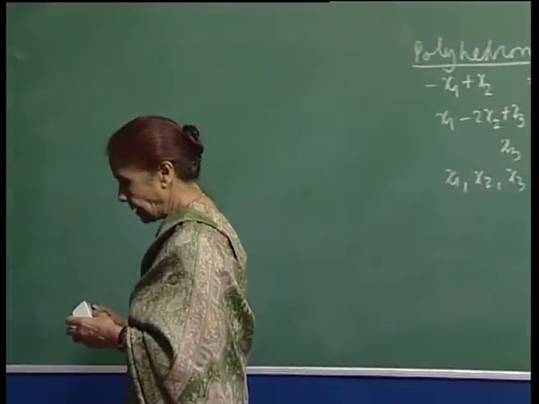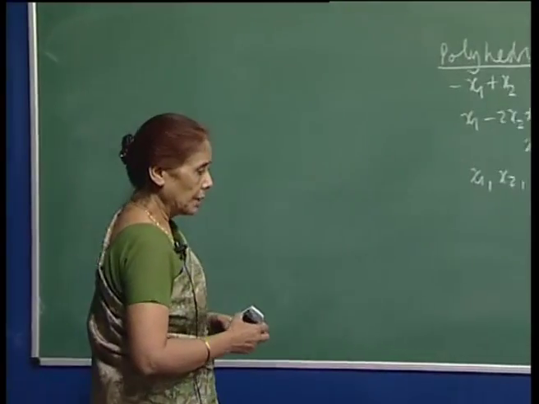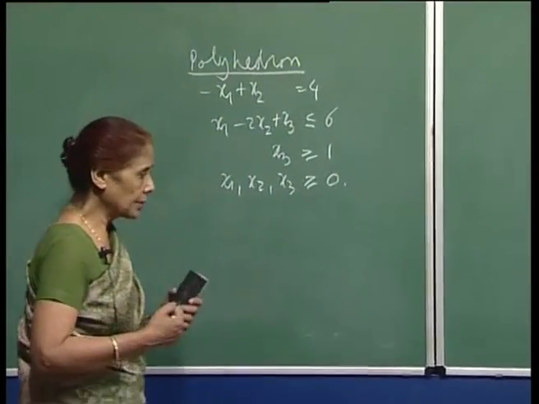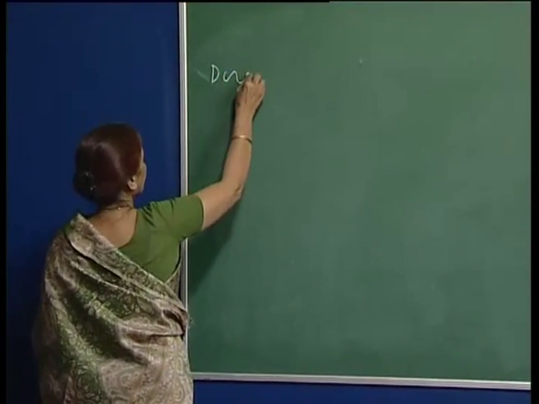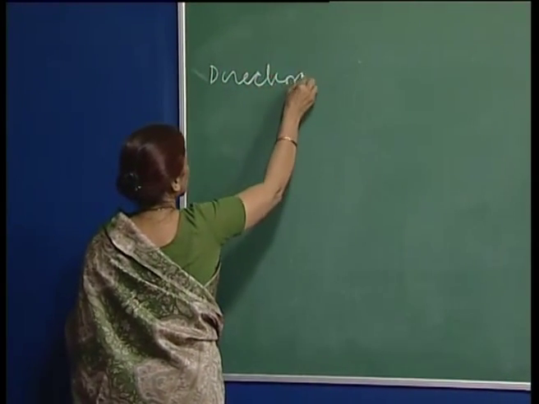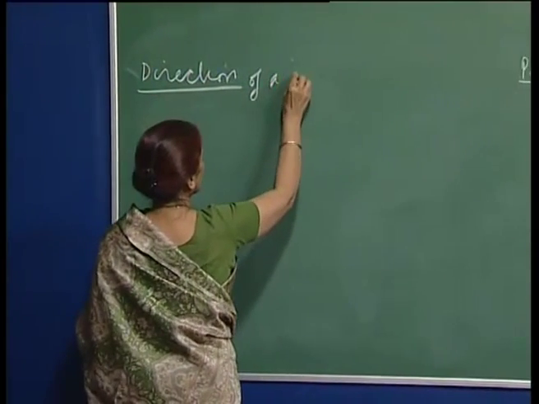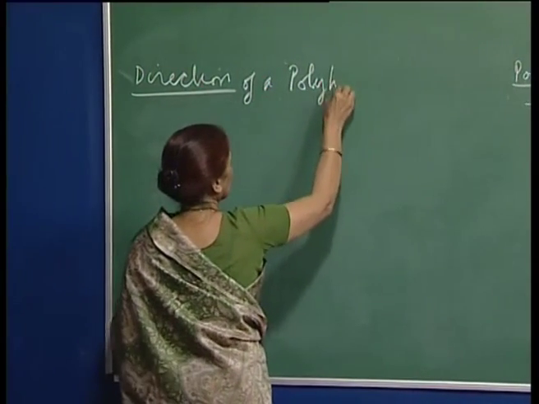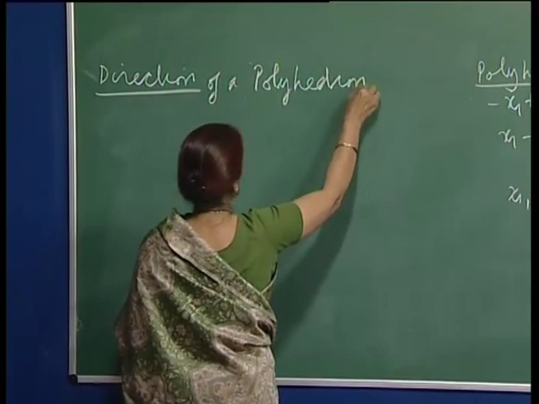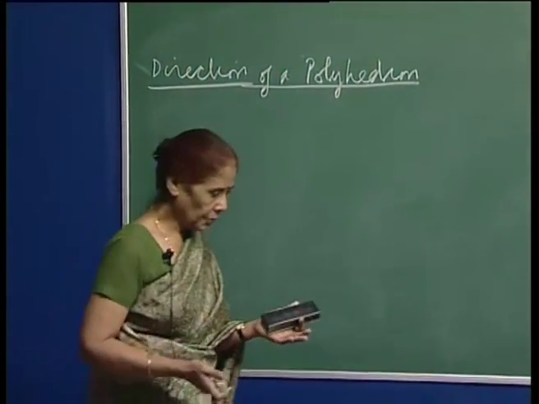So, let me now define another entity that we need to consider various kinds of structures that a polyhedron can have. Here I will define a direction of a polyhedron, and I will do it for this particular one.